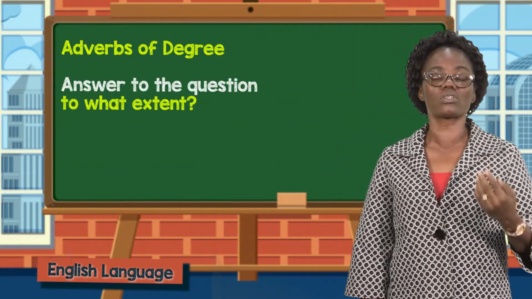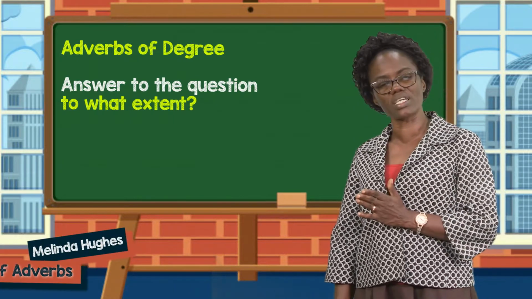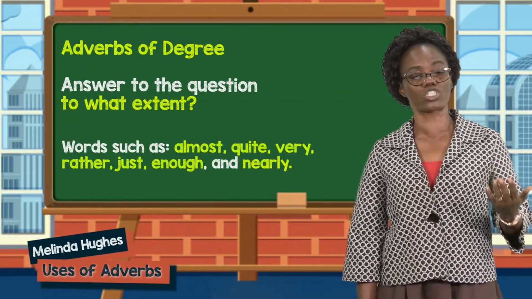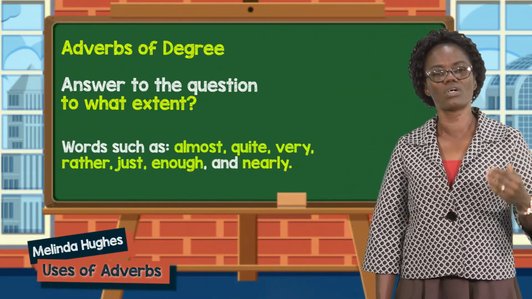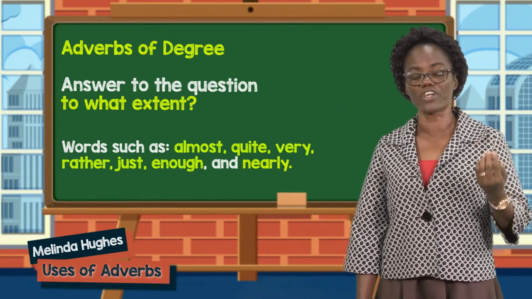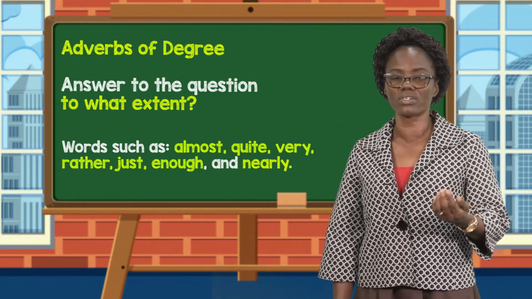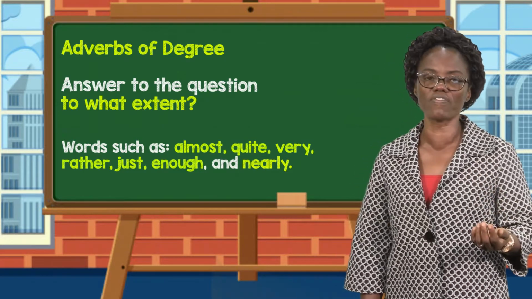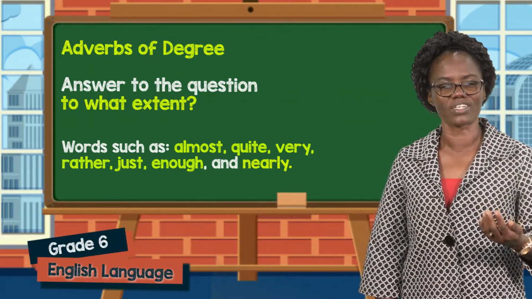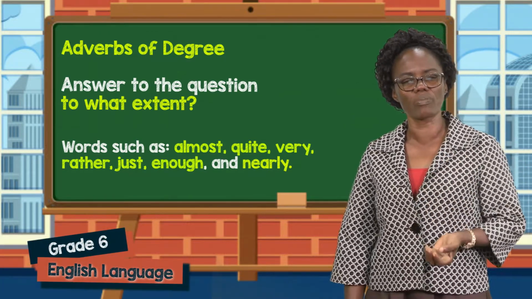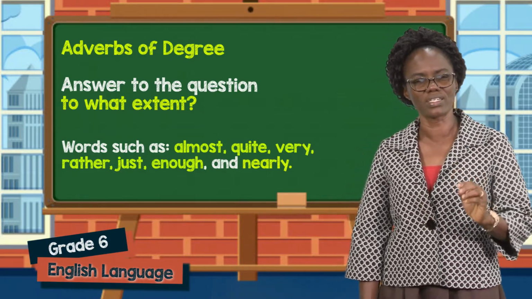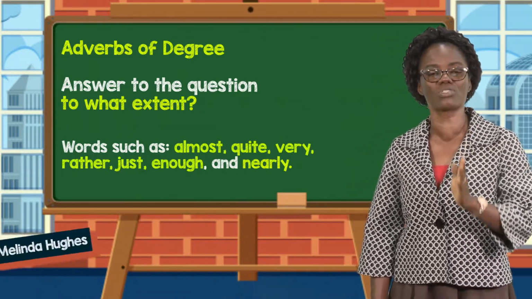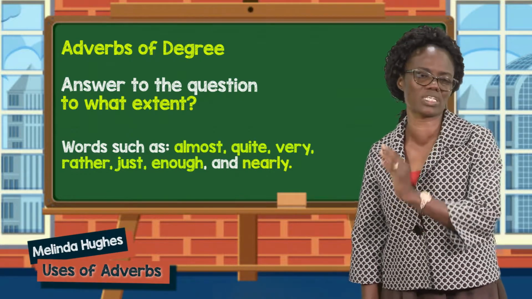They answer the question, to what extent? Words such as almost, quite, very, rather, just, enough, and nearly are some of those words that help us to identify the adverb that is answering the question, to what extent.